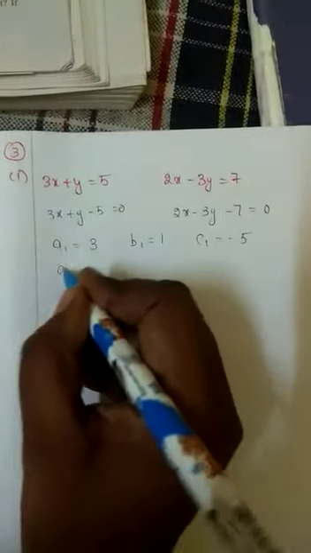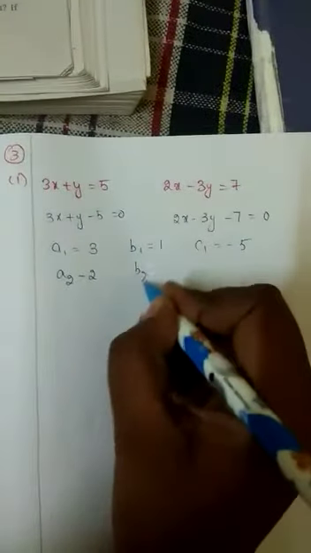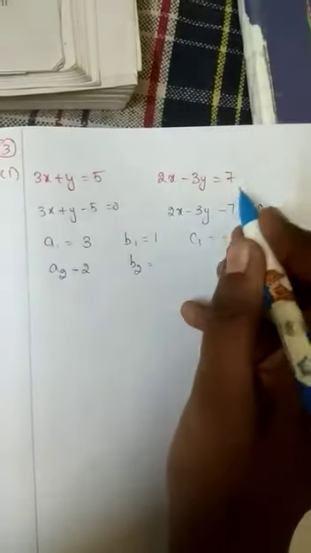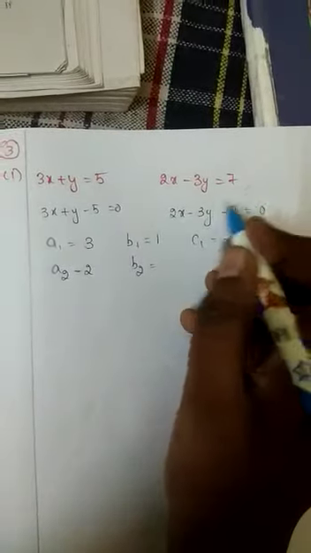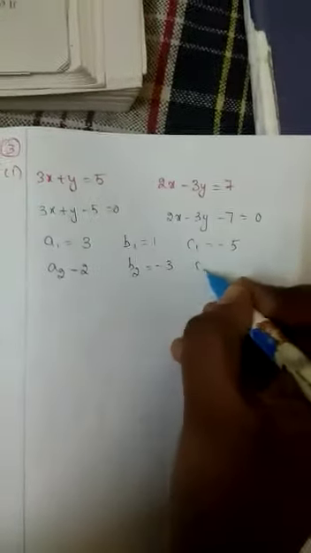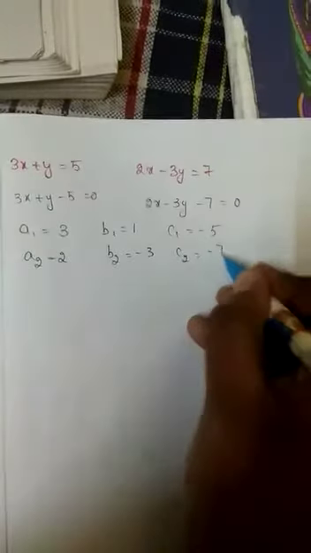Now here a2, second equation x coefficient, so 2. b2, second equation y coefficient. Sorry, I was saying coordinate, it is actually coefficient. Y coefficient, minus 3. And c2 is second equation constant, that is minus 7.